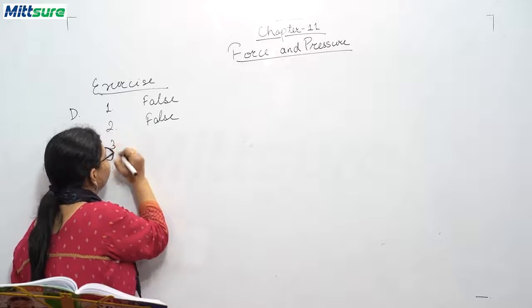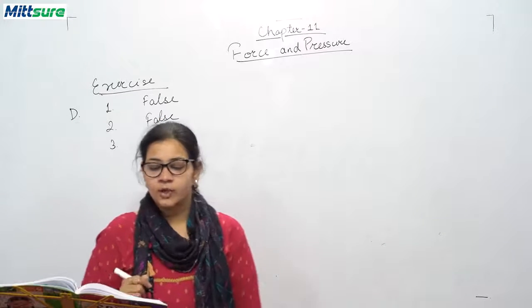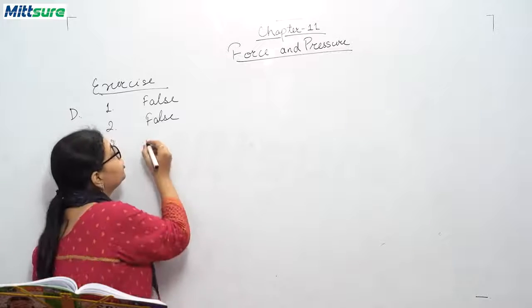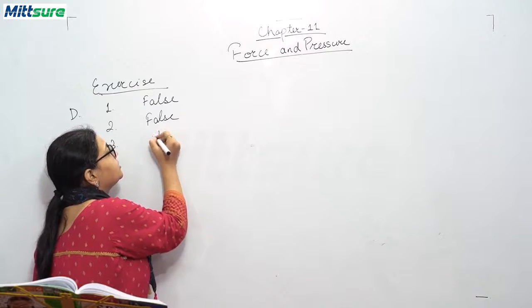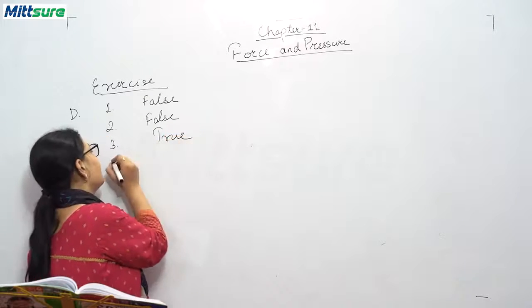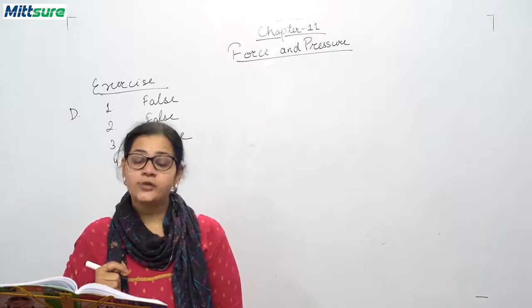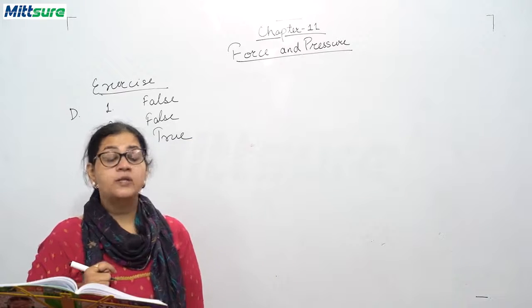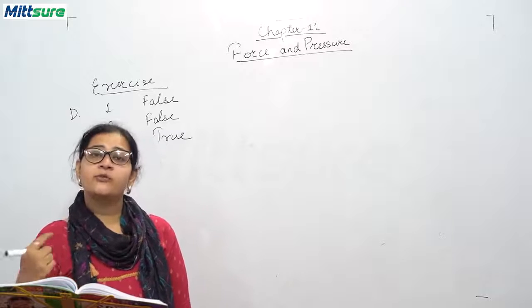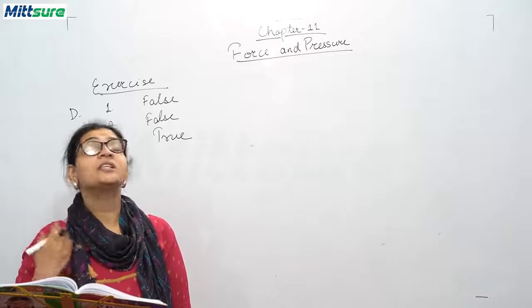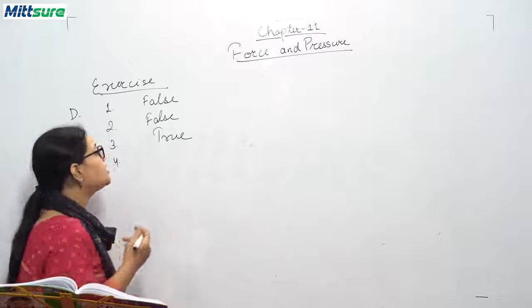Okay. Third, force can change the shape of an object. It is very much true. We did an example of that. Okay. Fourth, the weight of an object is because of the Earth's electrostatic force. The weight of an object is due to Earth's gravitational force, not its electrostatic force.